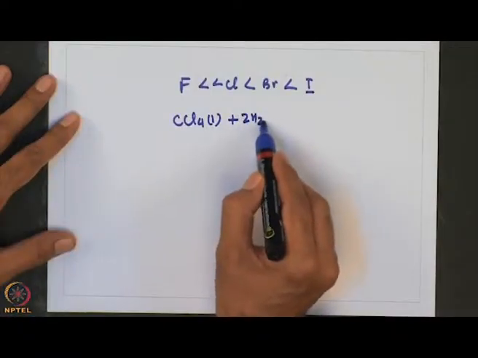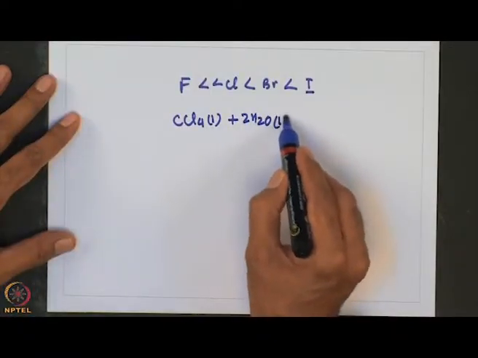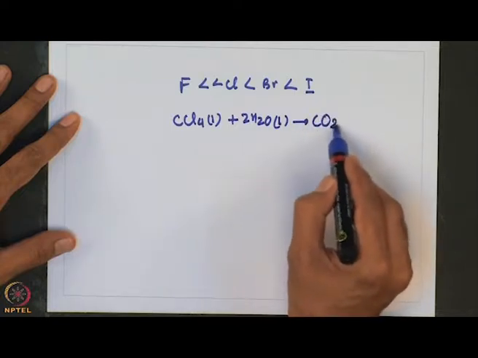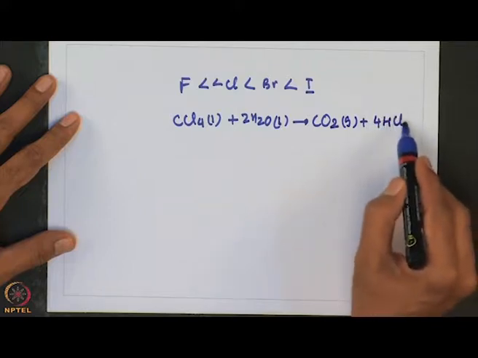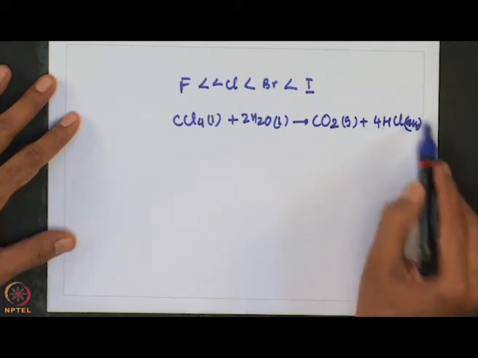CCl4 plus 2H2O. Carbon tetrafluoride is extremely inert and may be prepared by the reaction of silicon carbide with F2, with the second product being SiF4. A convenient laboratory scale synthesis of CF4 involves the reaction of calcium cyanamide with fluorine.